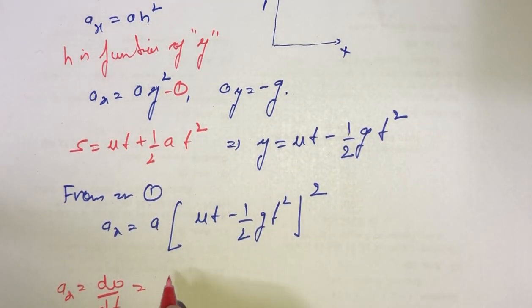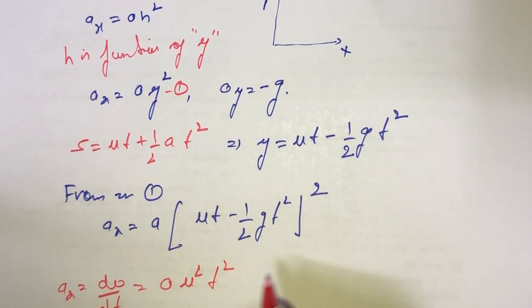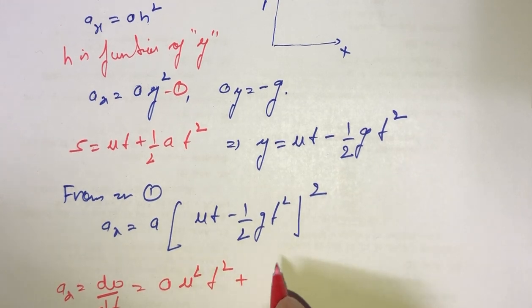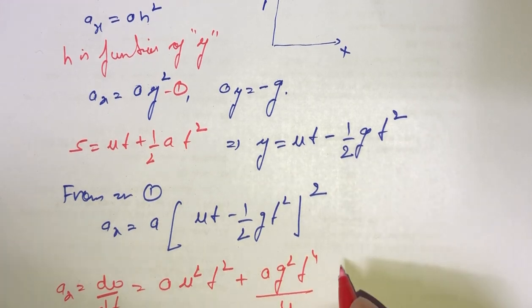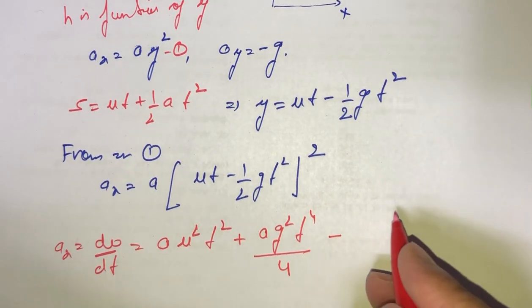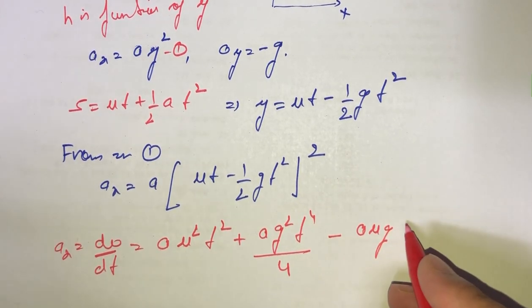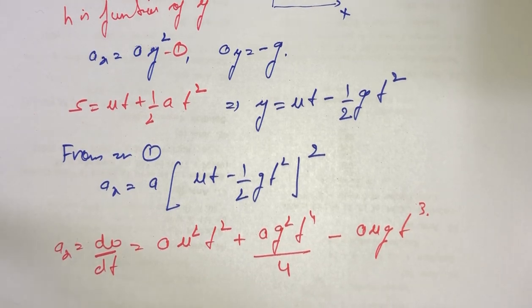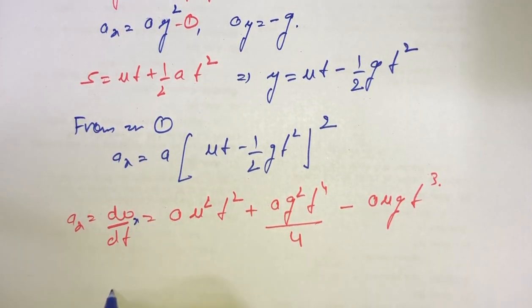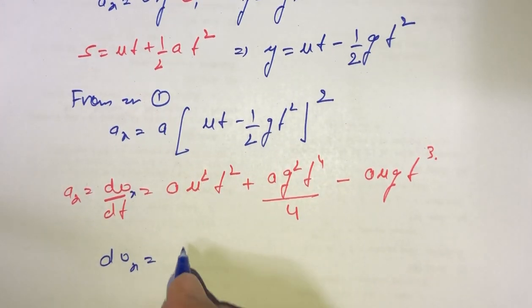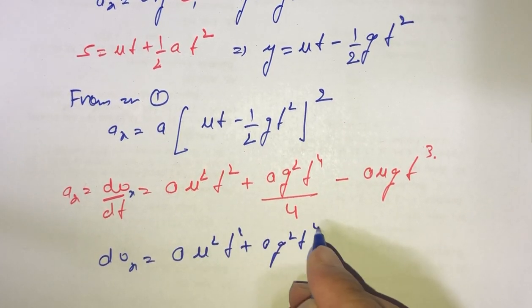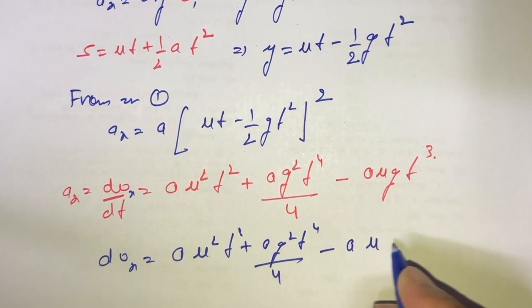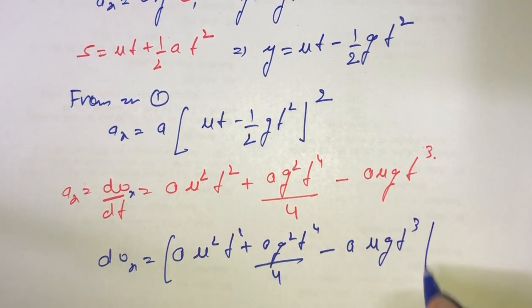If we open the bracket, we get a u square t square plus a g square t4 divided by 4 minus a u g t cube, and this can be further written as dv of x is equal to a u square t square plus a g square t4 divided by 4 minus a u g t cube, dt.